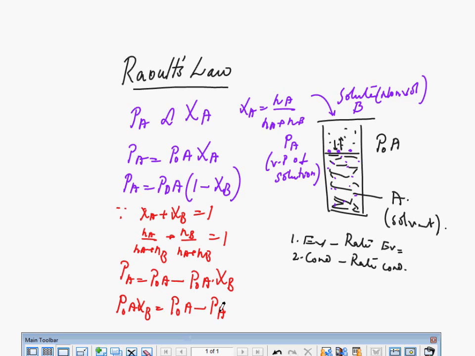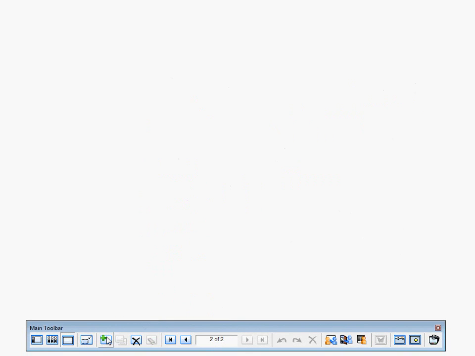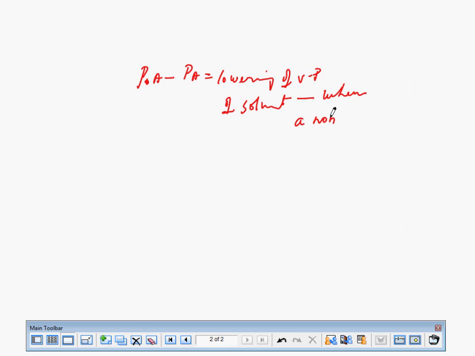So, what is P0A minus PA? P0A minus PA is lowering of vapor pressure of solvent when a non-volatile solute is added.